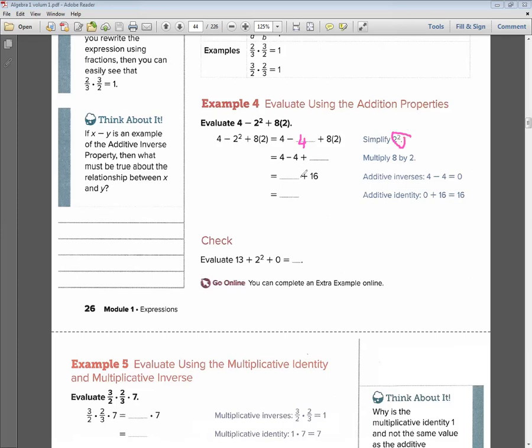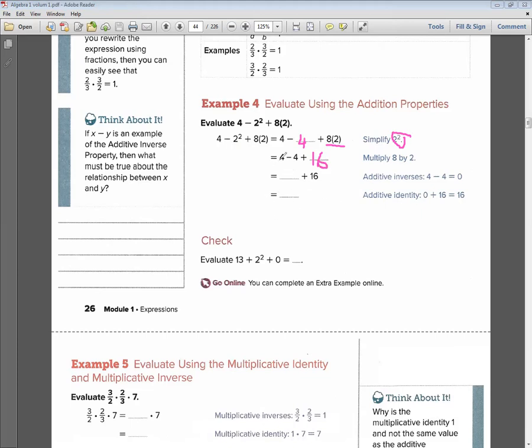Second step is, if you have division or multiplication, you have to finish it. I have here 8 times 2. 8 times 2 is 16. Hope you know the multiplication table well.